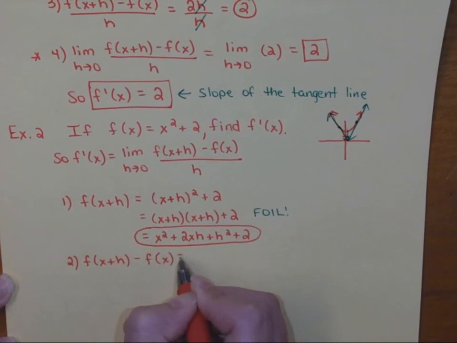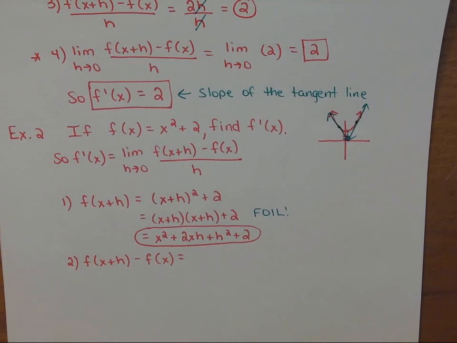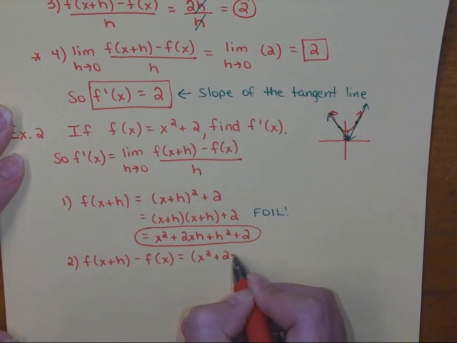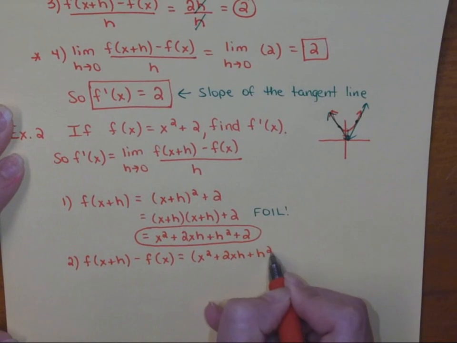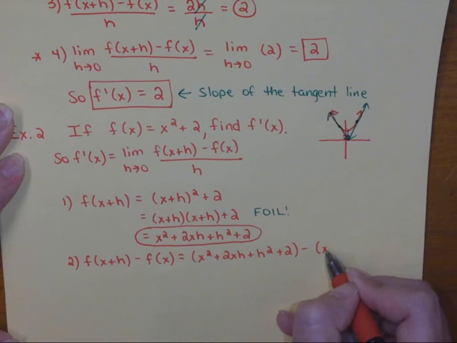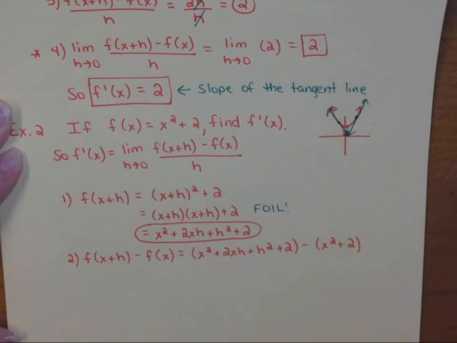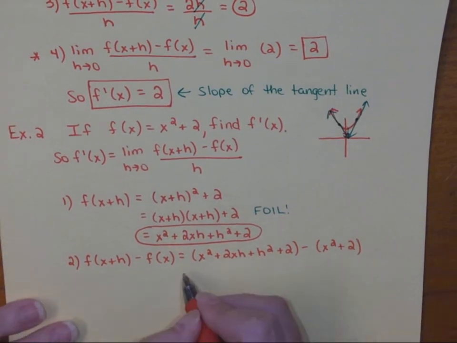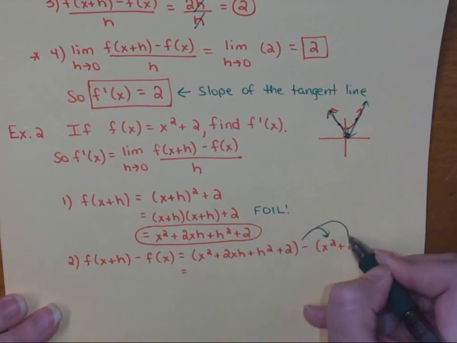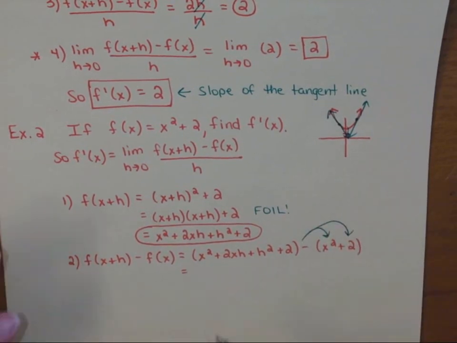So step number 2 is to take what I got in step number 1 and subtract off f of x from it. So I have x squared plus 2xh plus h squared plus 2 minus the original function, which was x squared plus 2. So don't forget that this minus sign, again, just like in the last one, goes to both things there.